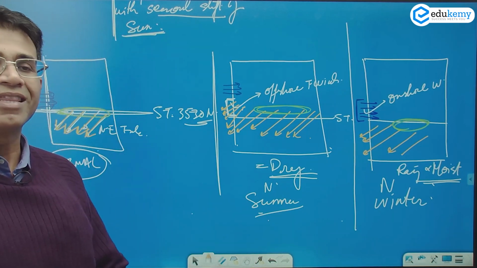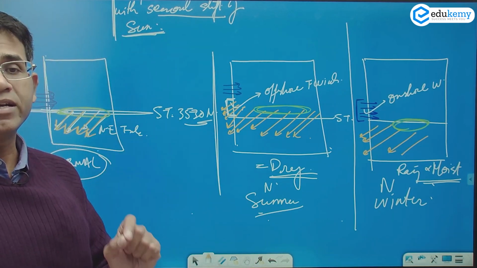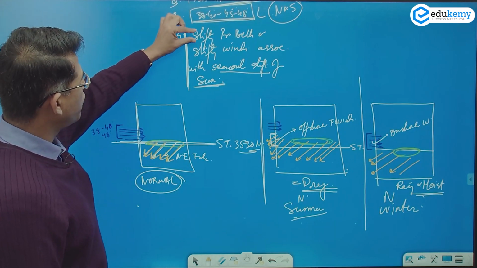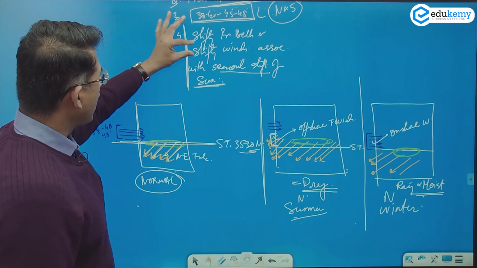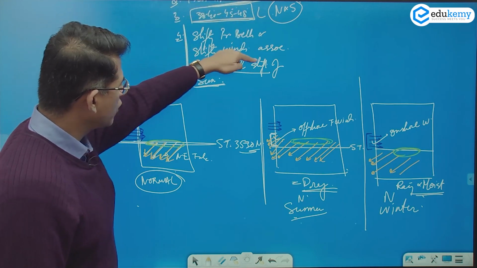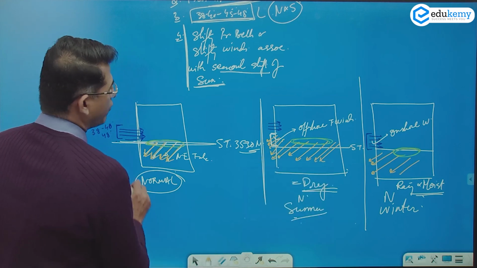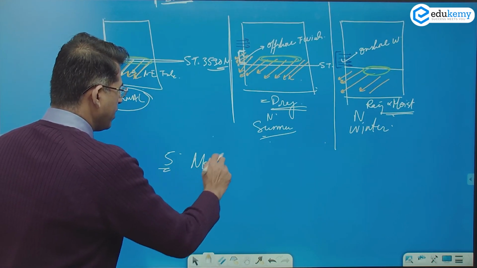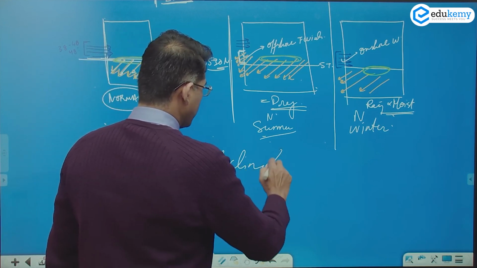This is the character of the Mediterranean climate. So it is because of the shifting pressure belts and the shifting winds associated with seasonal shift of the sun. So fifth point here is, Mediterranean climate कैसा होता है?